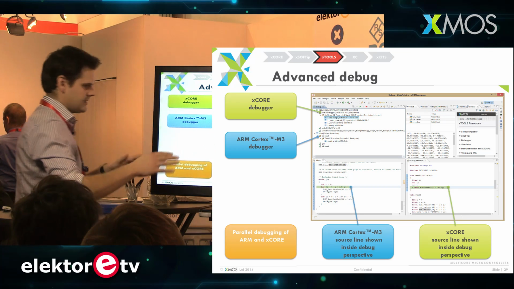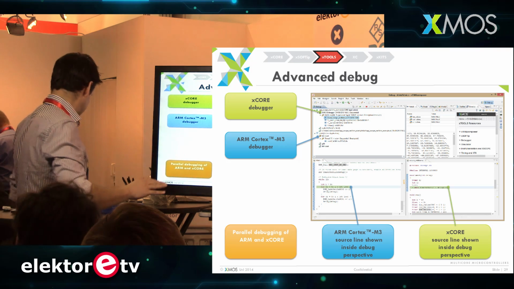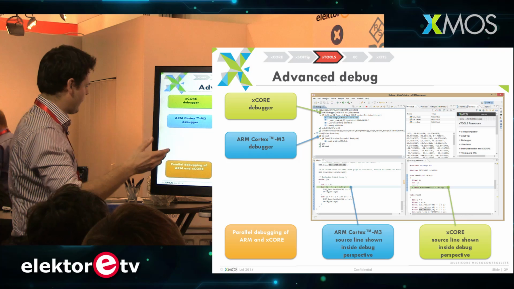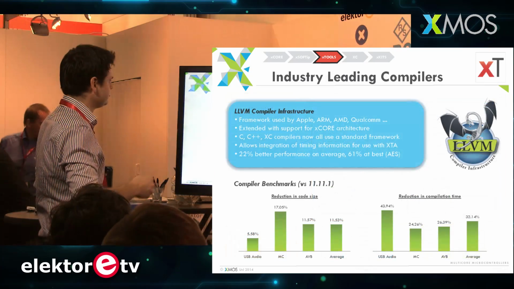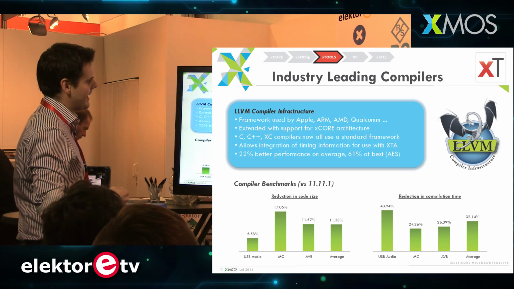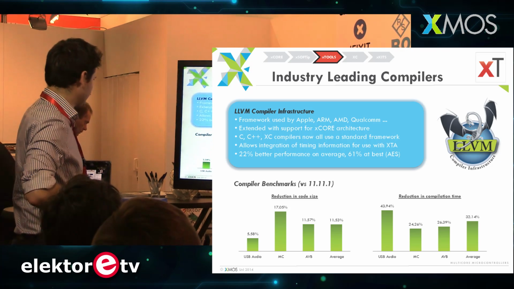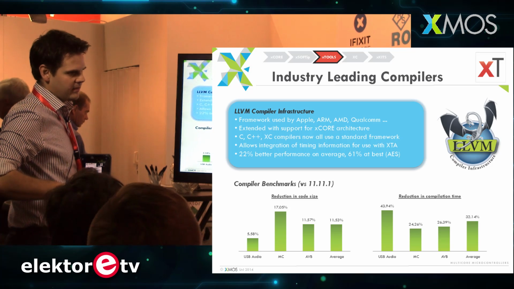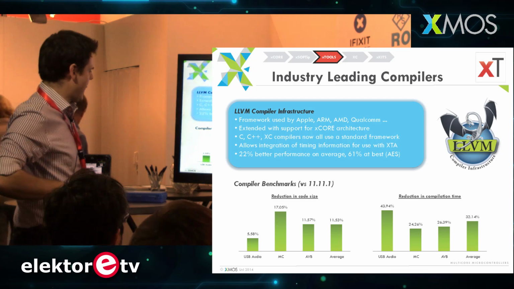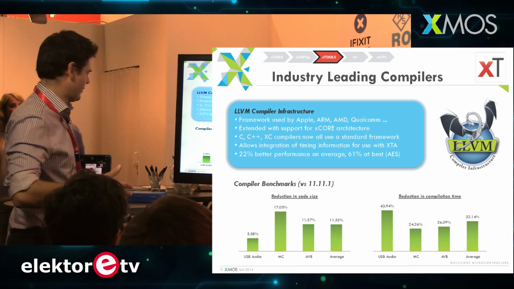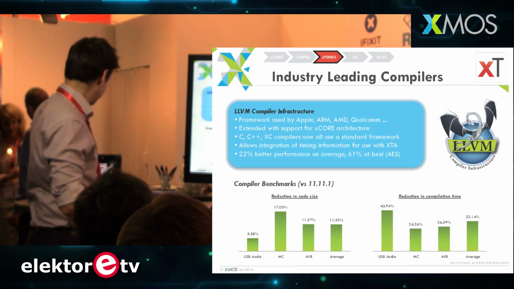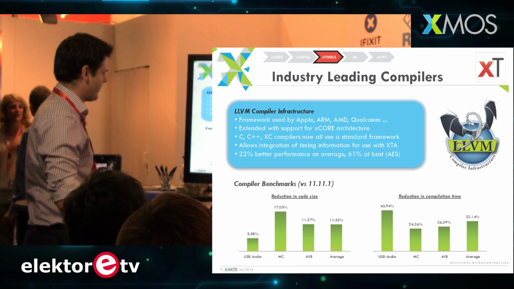So if you are debugging in parallel like this, you can trace through the interactions between the xCore side of your application and the ARM. So we use an LLVM compiler, which some of you may be familiar with. This is a relatively recent switch, and we found the optimization in the compiler to be excellent and has given us a performance advantage over our previous version of the compiler.